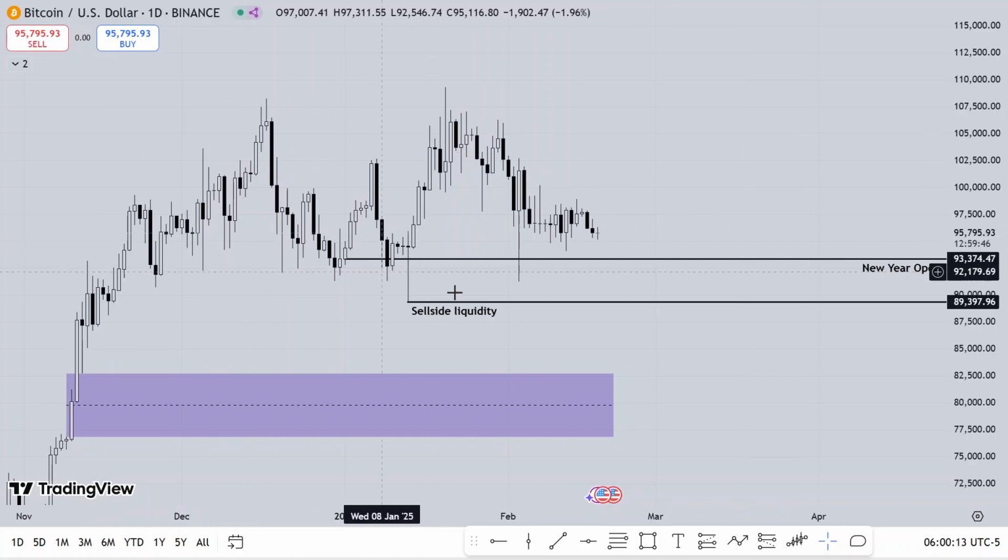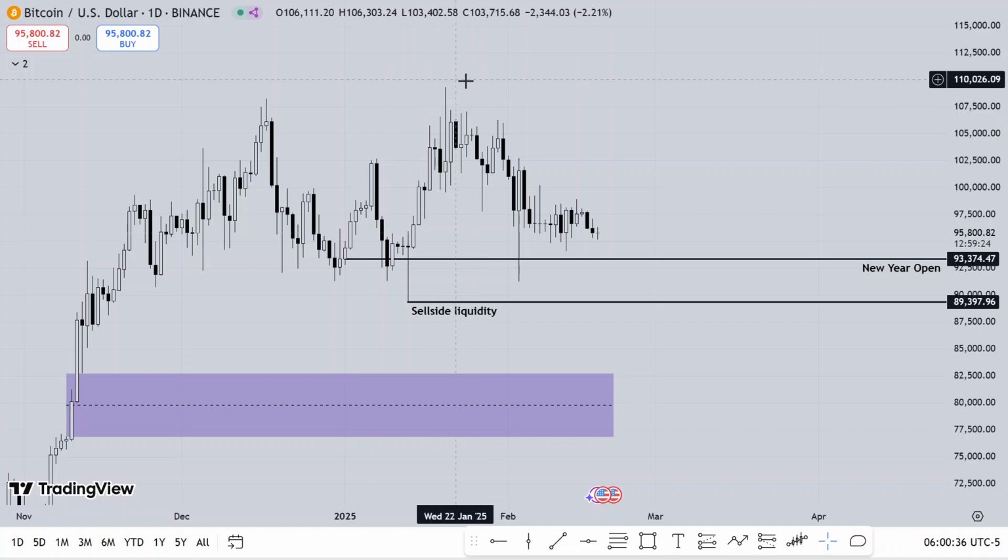So for Bitcoin to be efficiently delivered, price has already paid up liquidity on the buy side above the New Year opening price. Then we are seeking price to trade lower below sell side liquidity to pair up the buy side liquidity that was taken from above the marketplace.